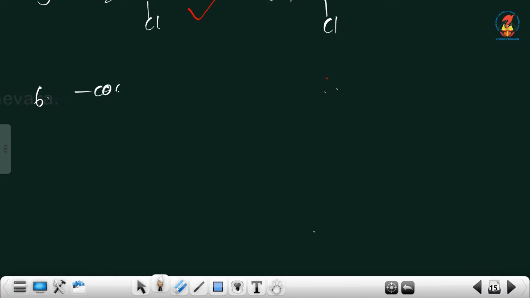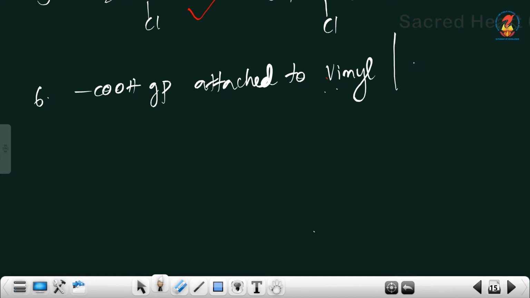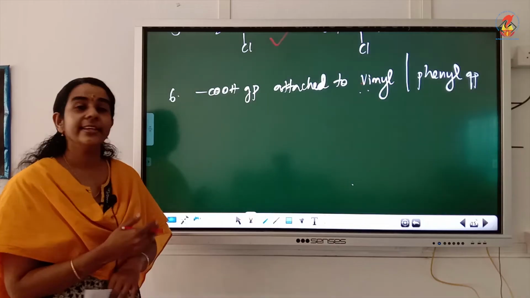Now a very important question. When a COOH group is attached to a vinyl group or phenyl group, they are highly stabilized, or more acidic in nature.